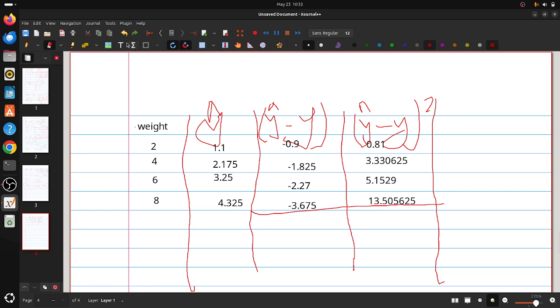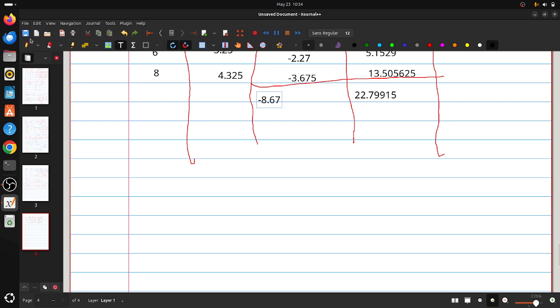Let me type to minimize the space. And the summation here is 3.675 plus 2.27 plus 1.825 plus 0.9. So the summation here is negative 8.67.